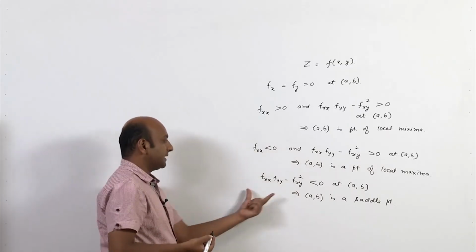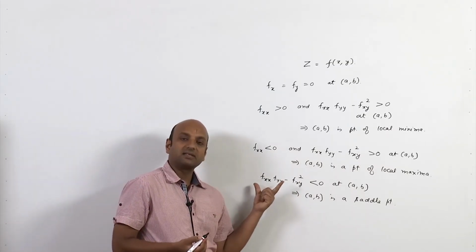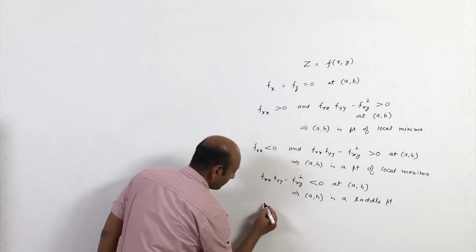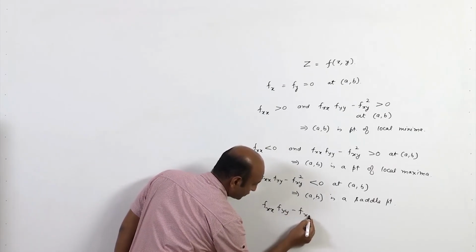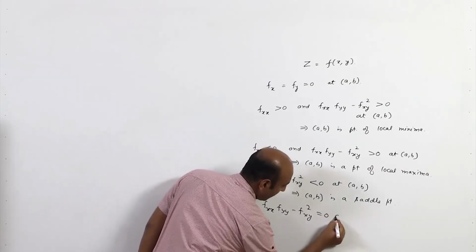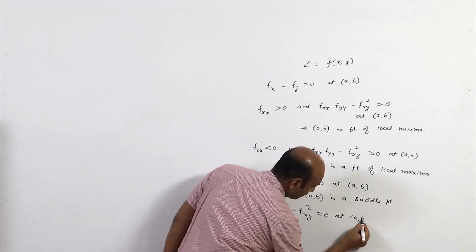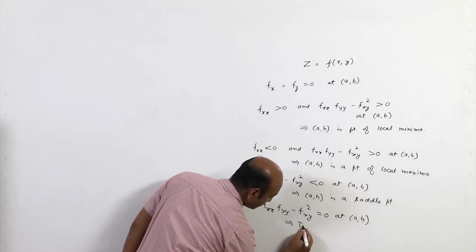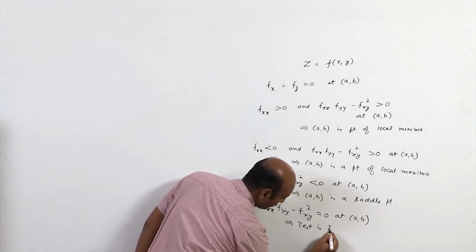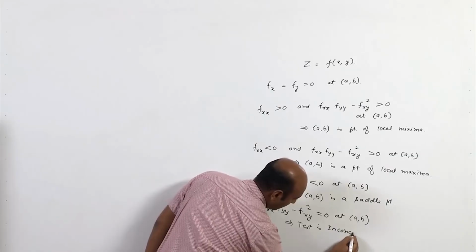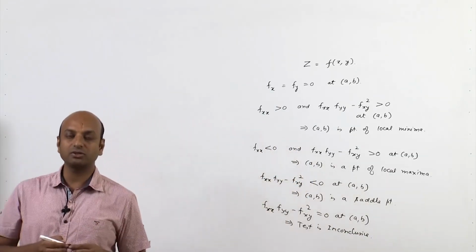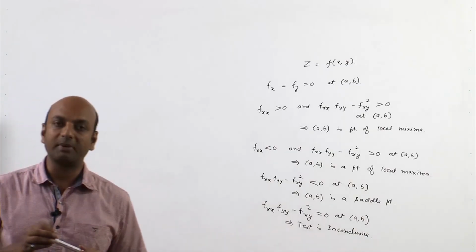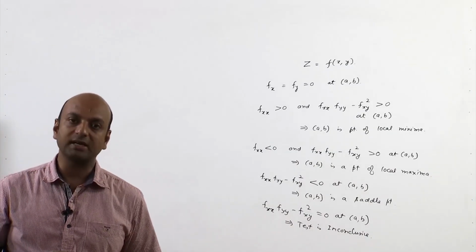And if this quantity is equal to 0 at (a, b), the test is inconclusive. Inconclusive means we have to go for the higher order partial derivative test to check whether (a, b) is a point of local maxima, local minima or saddle point.